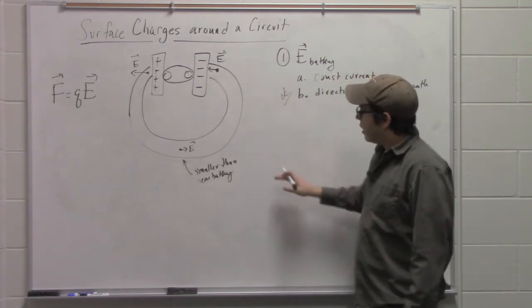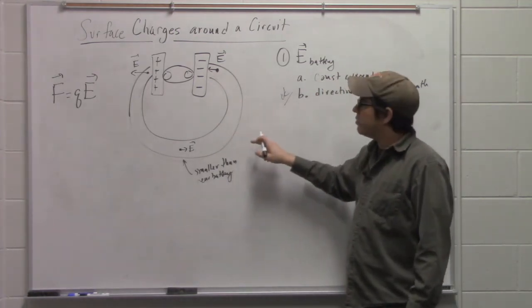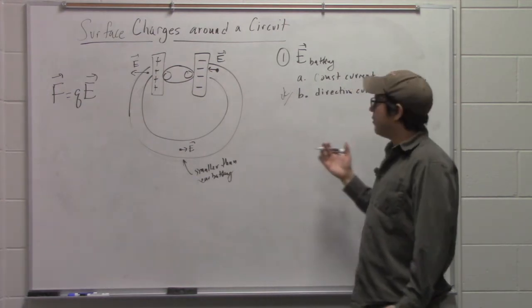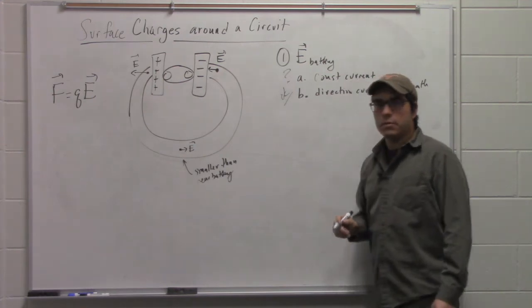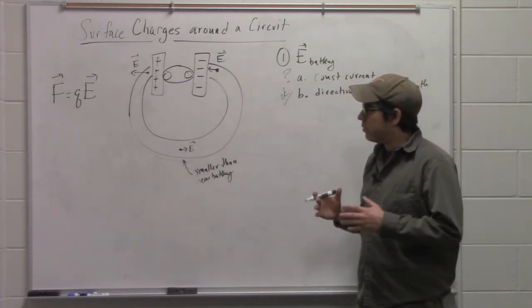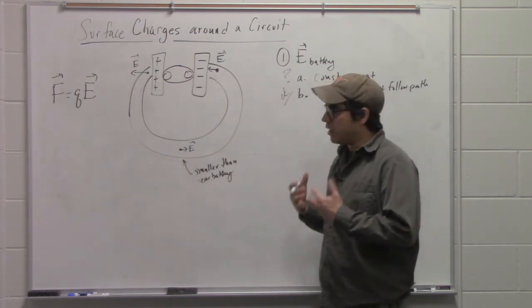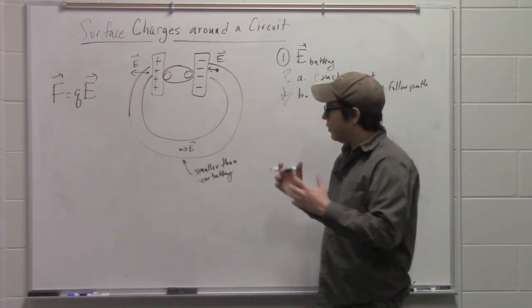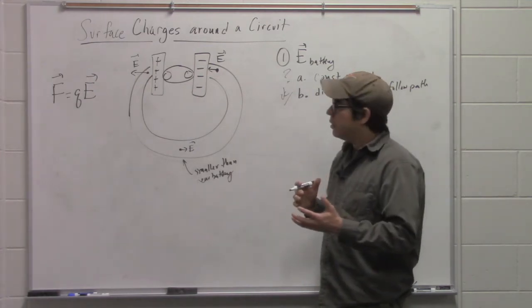But the issue is that that electric field is going to be smaller as we get farther away from the plates. And that is potentially quite problematic because then we might not get a constant current. That constant force that's necessary to drive the charges through the circuit is going to be different depending on where we are in the circuit.